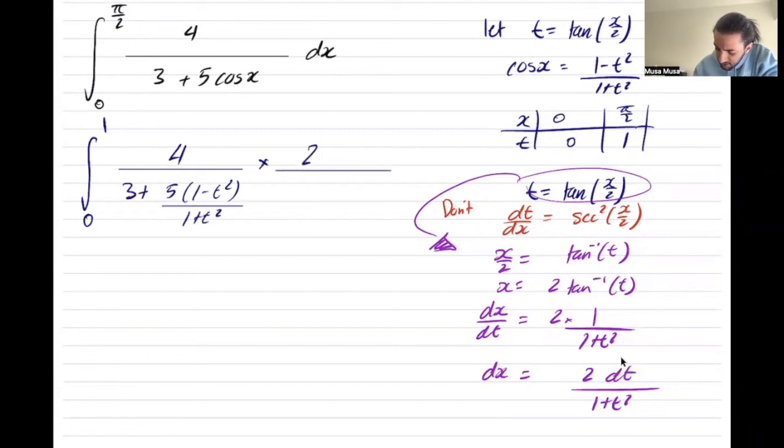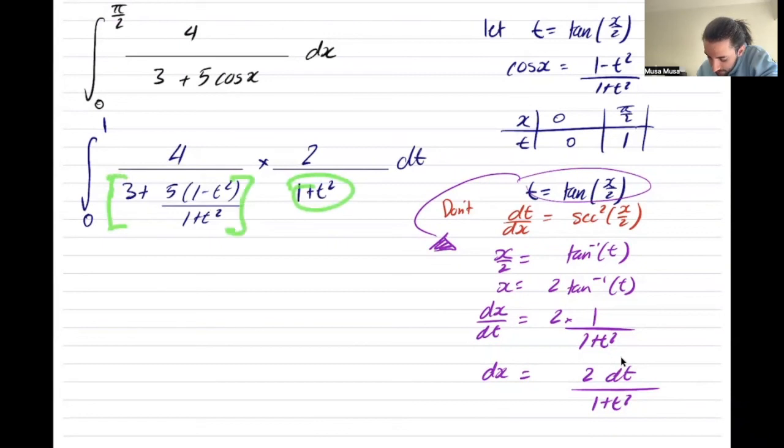Make sure your lines line up, those fraction lines are quite important. This 1 plus t squared is going to get multiplied by this denominator, so it multiplies the 3, and it's also going to multiply this. Perfect. I'm going to take this 4 and this 2 out because that's just unnecessary.